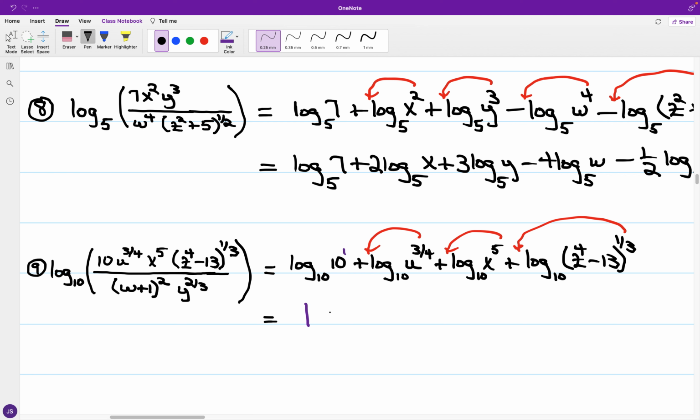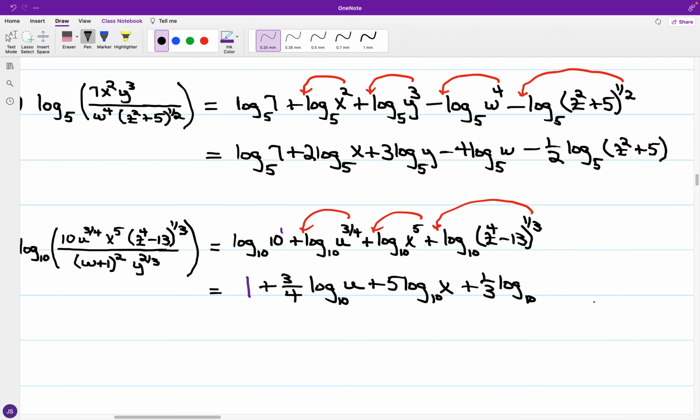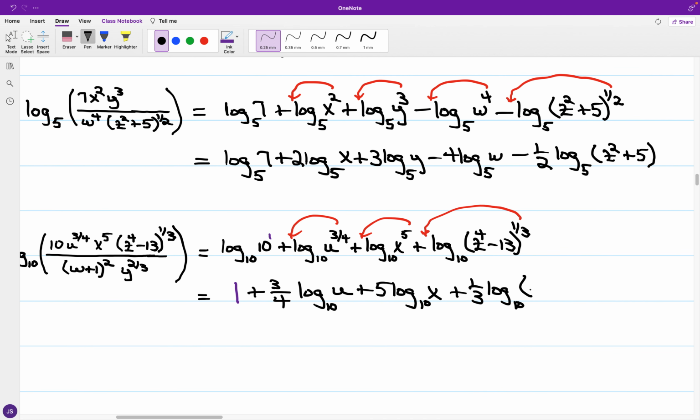And for the rest, again, we have 3/4 of the base 10 logarithm of u, followed by 5 times the base 10 logarithm of x. And we have plus 1/3 of the base 10 logarithm of z to the 4th minus 13.